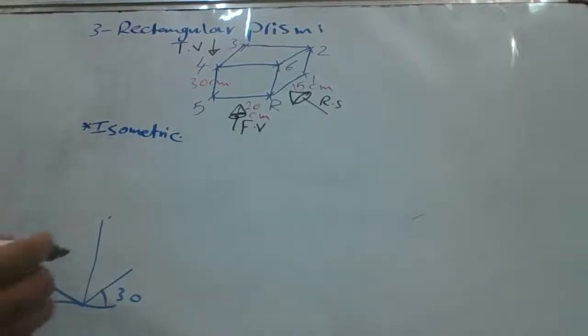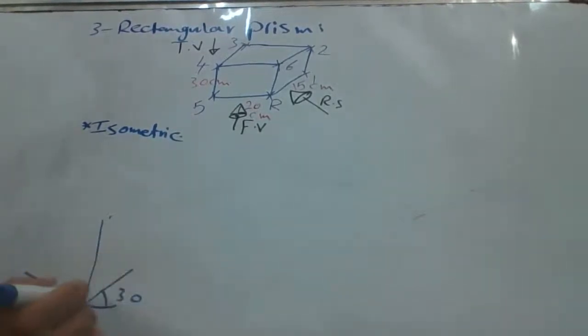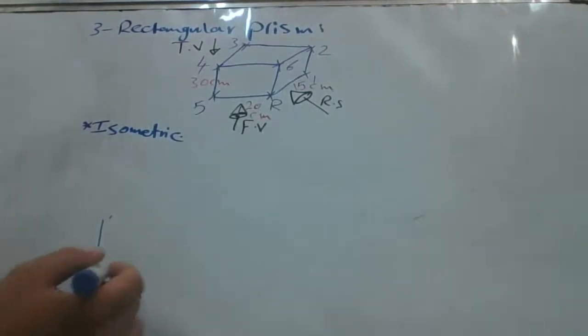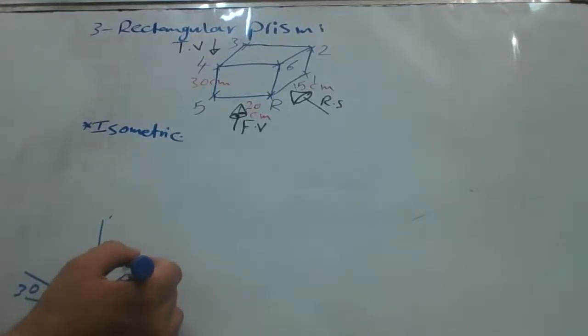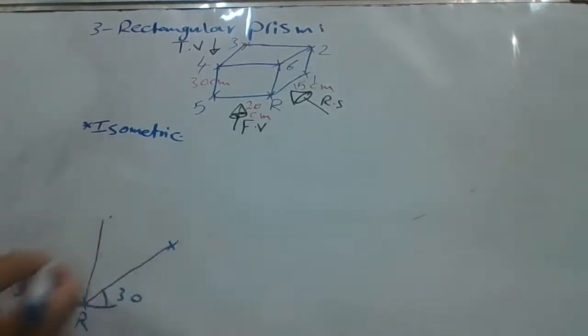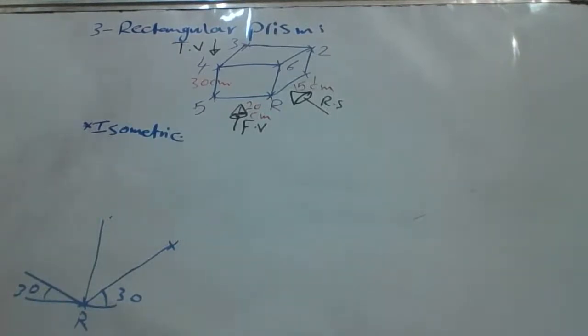Now 30 degrees, we start from R. R is the first point of the isometric method to draw the prism.